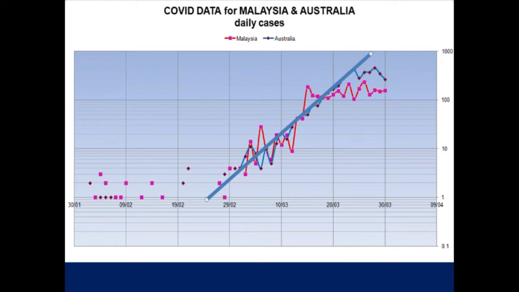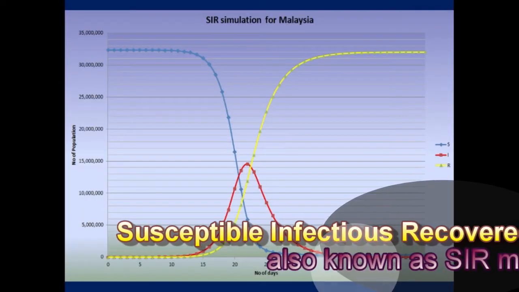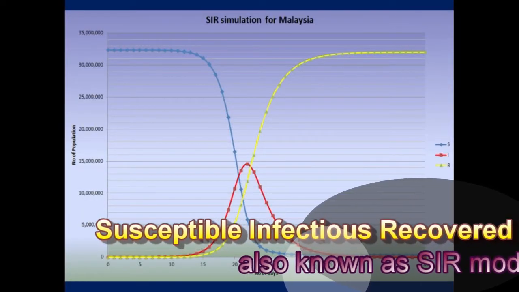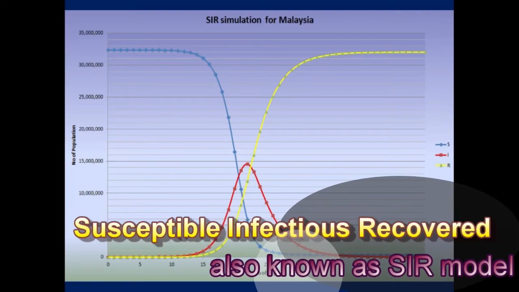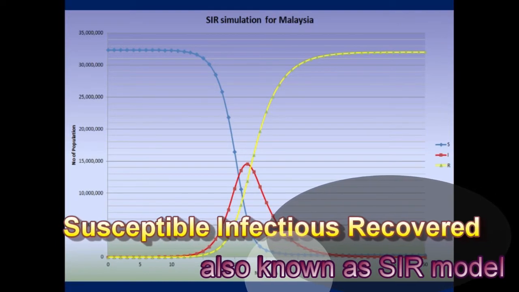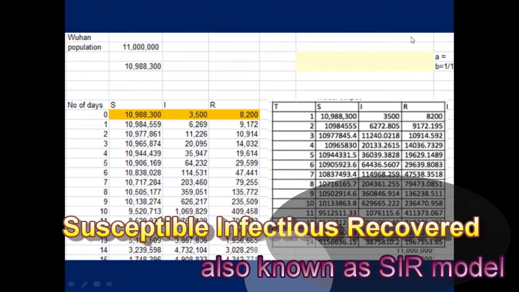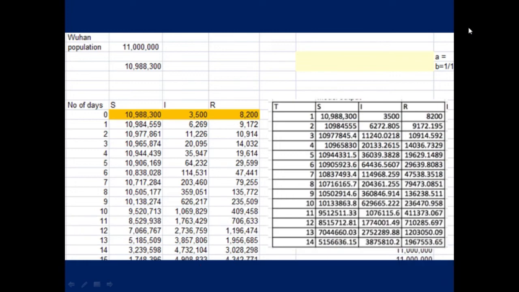In the meantime, I've already completed the SEIR modeling, the susceptible, infected, and recovered model. I've tried to simulate the Wuhan population using the equations I've been working with. I just want to show that it's going to be very interesting. I've simulated this and I've got the right equation, so I'm going to use it for the Malaysian situation.